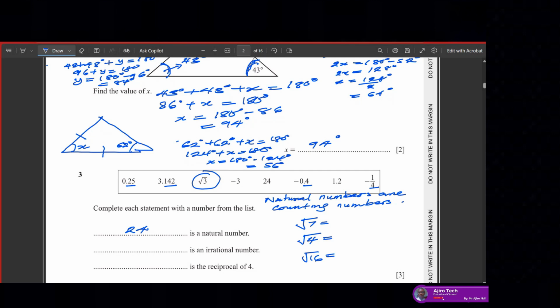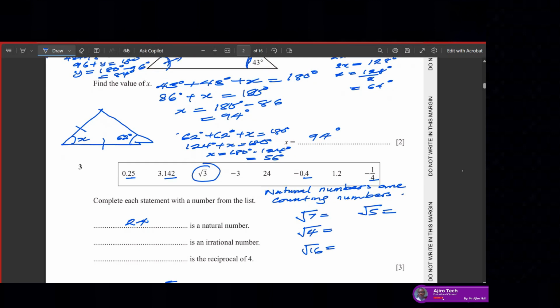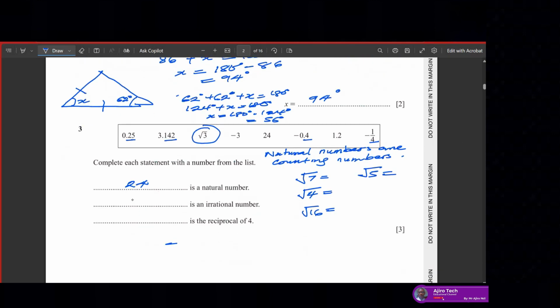Square root of 16 is 4. Is that irrational or rational? It's rational. Good. Root of 5, rational or irrational? Irrational. Thank you. So do you see? Will you be able to identify irrational now if you see one? Yes. Good. So I'm going to give you some questions. So let's put this down first. Which means that root of 3 is an irrational number.